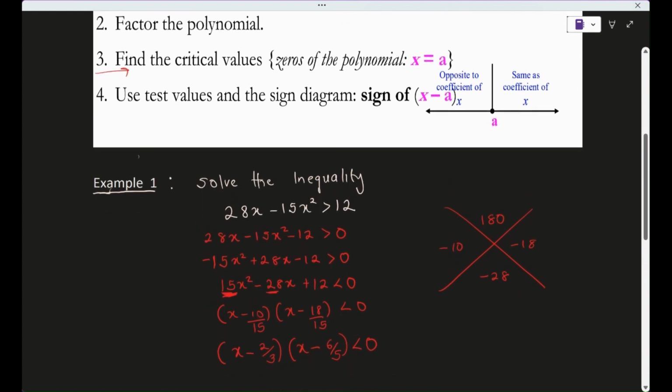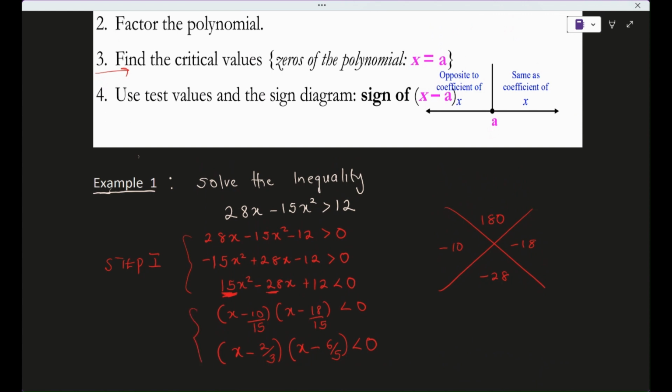All right. So up to this point, we can say this is step 1 because we wrote the polynomial on one side. Then factorizing the polynomial from here to here, we can say this is step 2, right? Then step 3 is where we take the critical values, which we call the zeros of the polynomial.